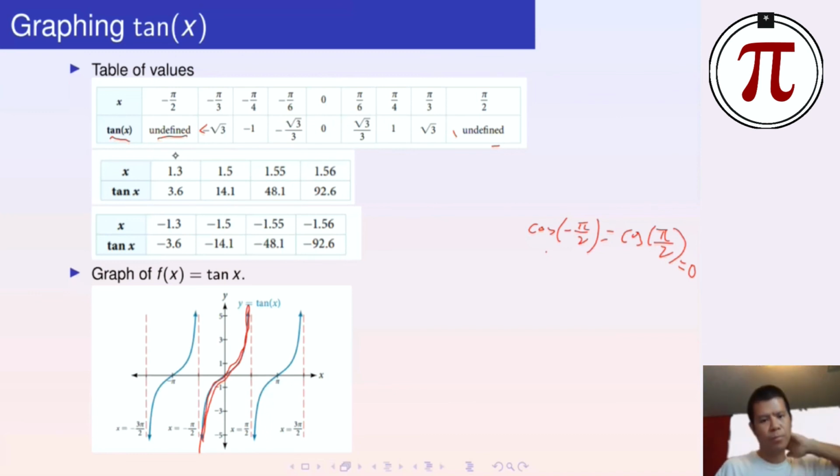From negative pi over 2 to pi over 2 is something like this. As you see, this is negative 3.6, and this becomes really, really large as it gets closer and closer to pi over 2.